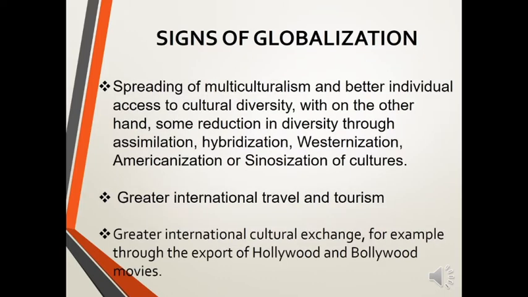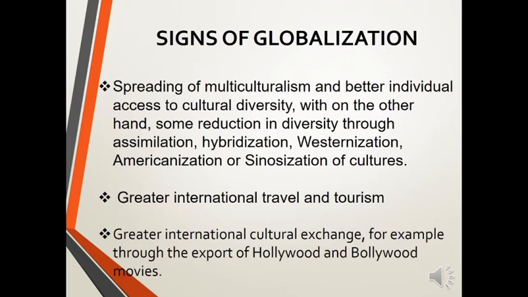So another sign of globalization is the following. The next one is the spreading of multiculturalism and better individual access to cultural diversity, with, on the other hand, some reduction in the diversity through assimilation, hybridization, westernization, Americanization, or Sinicization of culture.